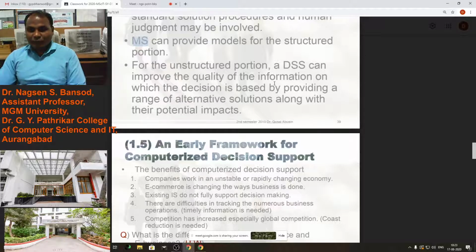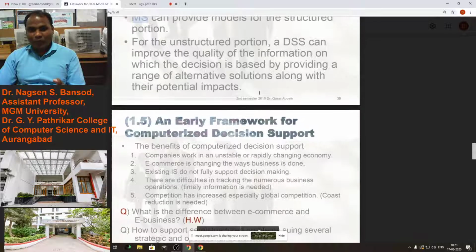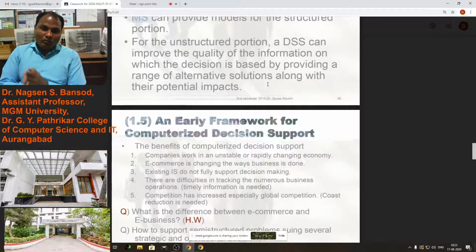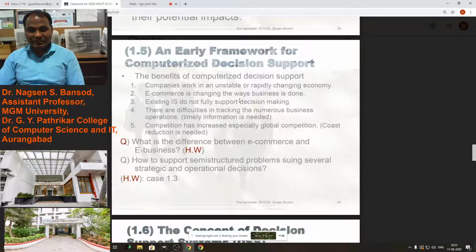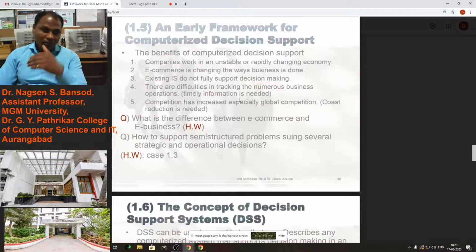We have to provide a proper, alternative solution according to the need in an unstructured business, an unstructured type of model.